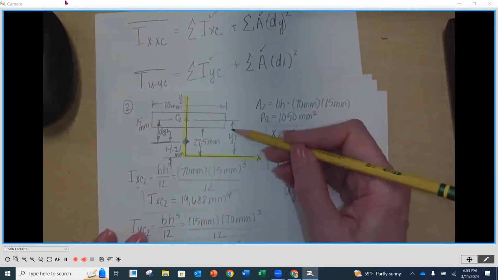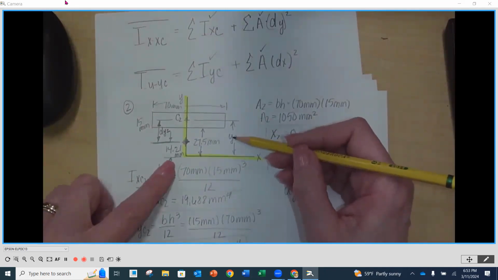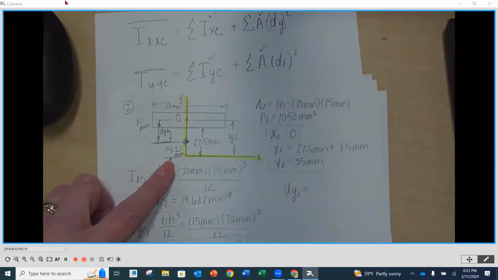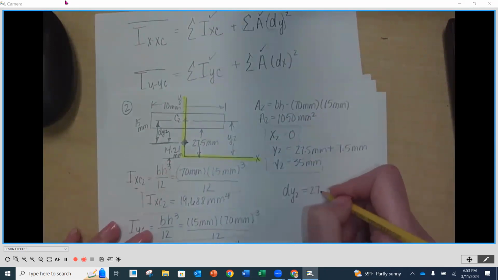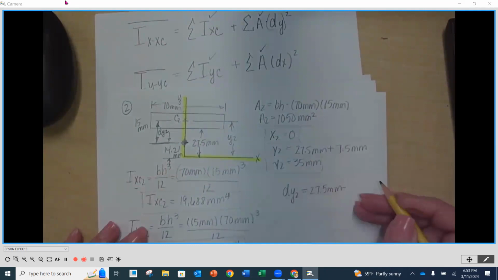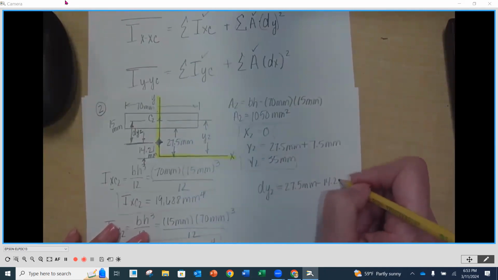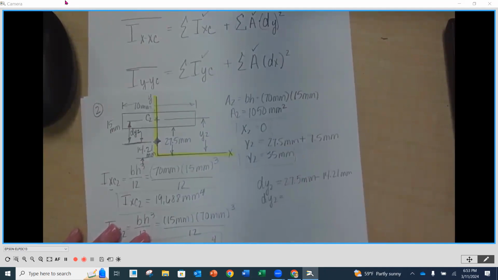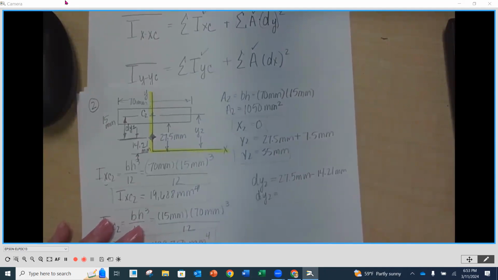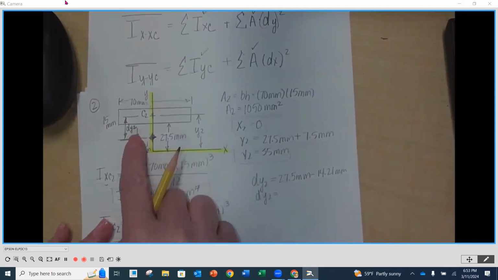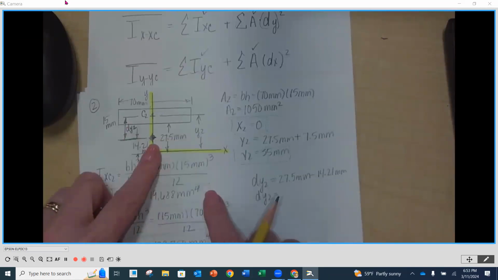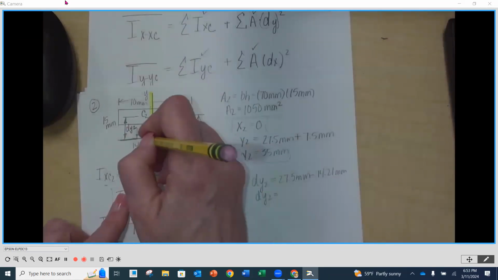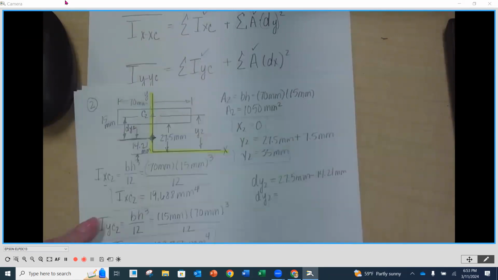It's going to be our y2 minus 14.21. Here's the new centroidal axis, so we need it from the centroid of the composite, which moved up 14.21.